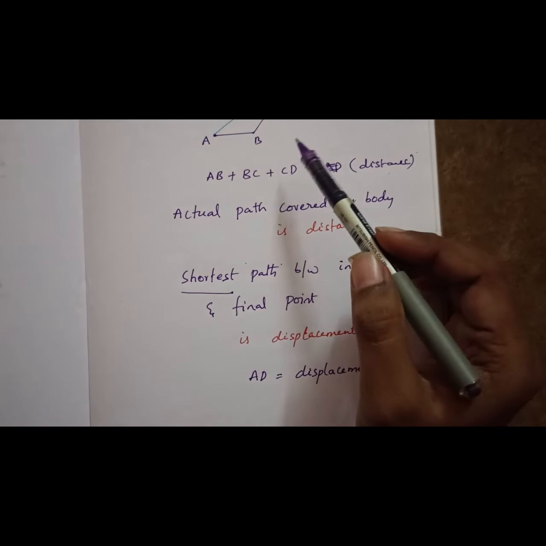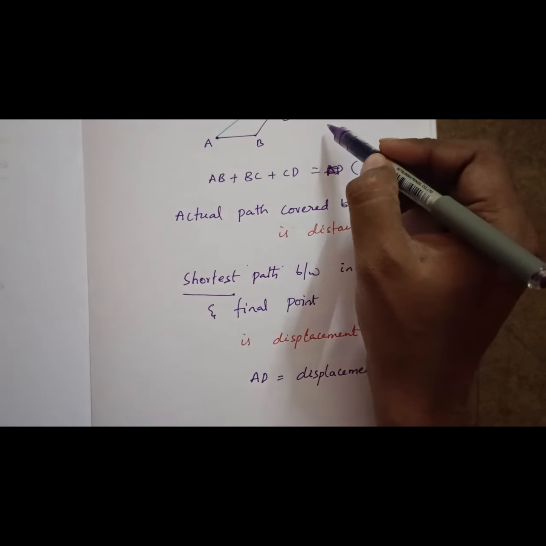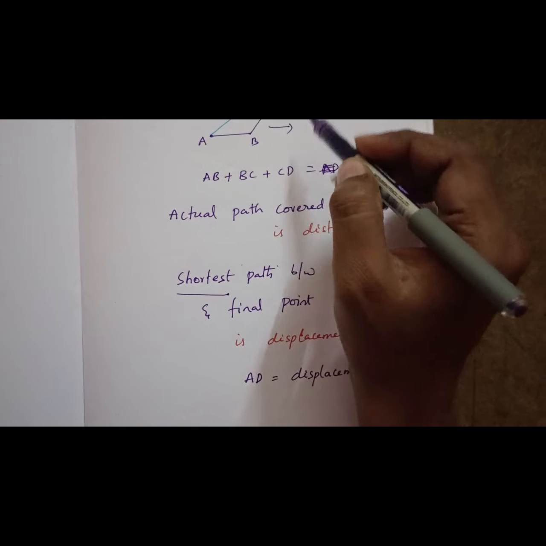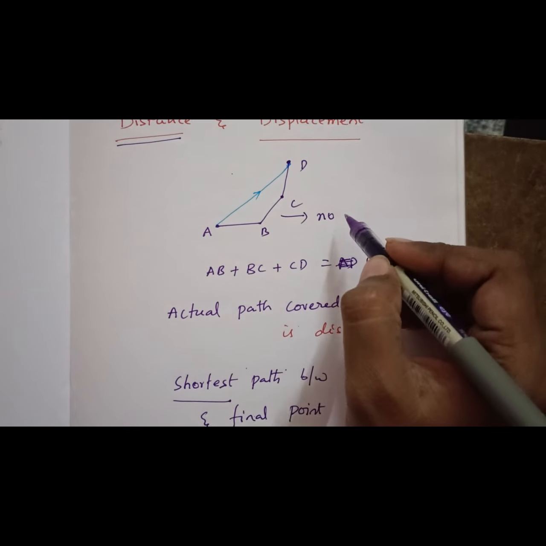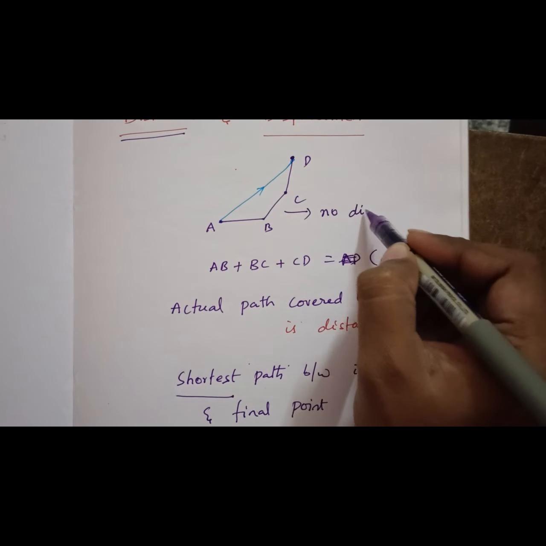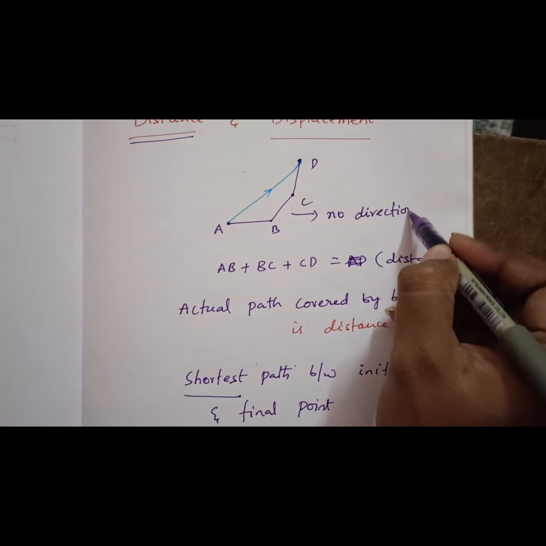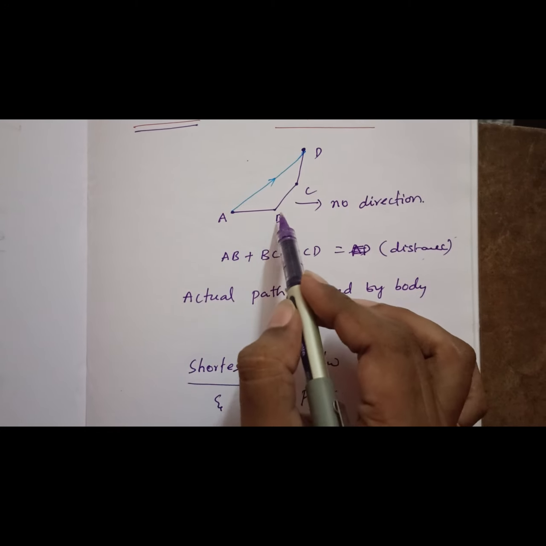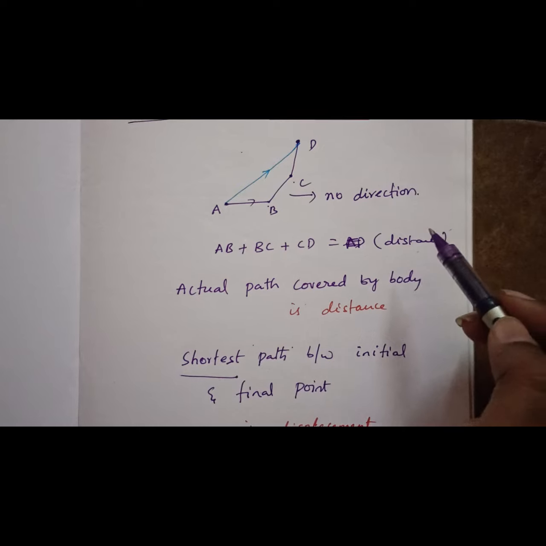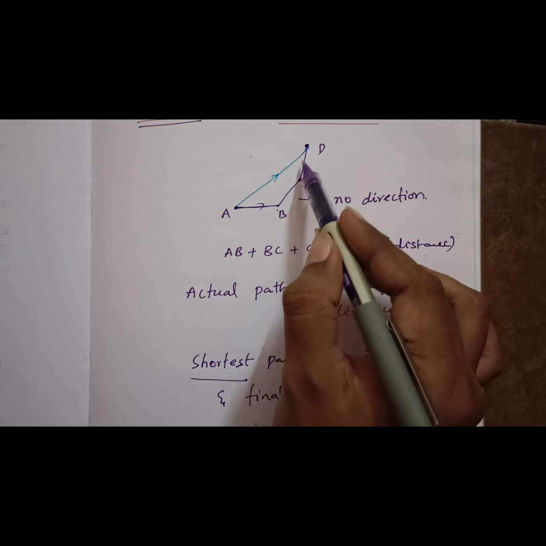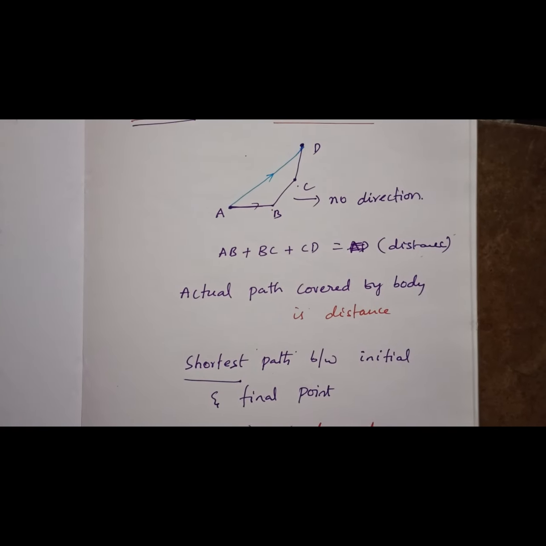Now, in distance, there is no particular direction. Here it is not having any particular direction. No direction. We can say A to B direction is there, B to C direction is there, C to D direction is there. But in this path A, B, C, D, no particular direction.